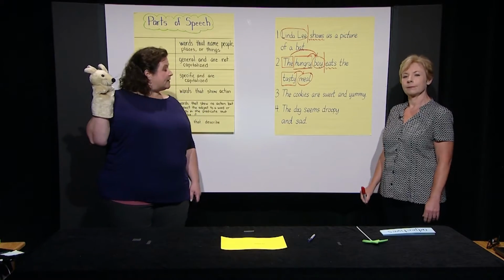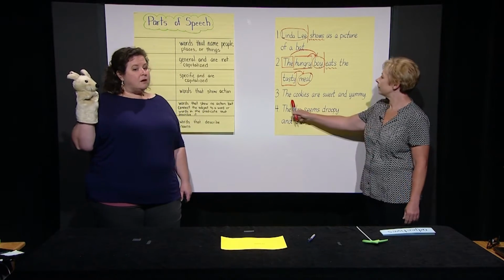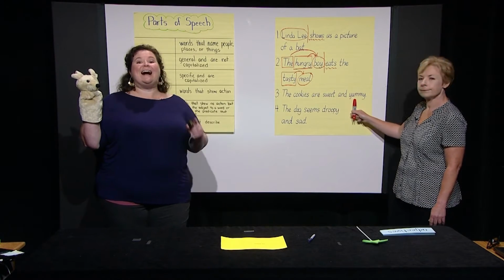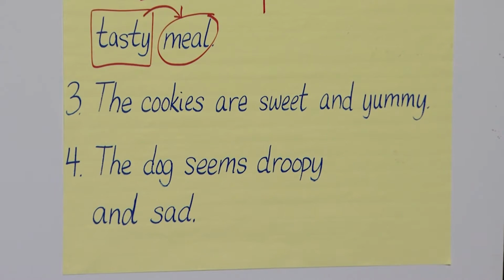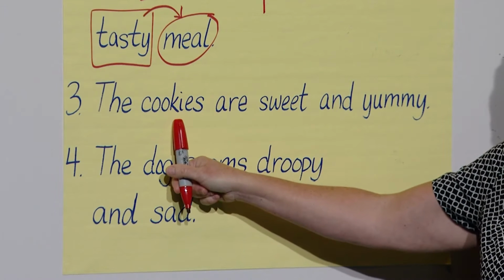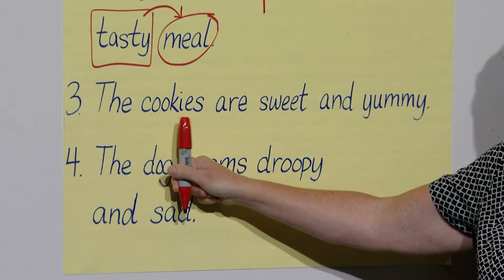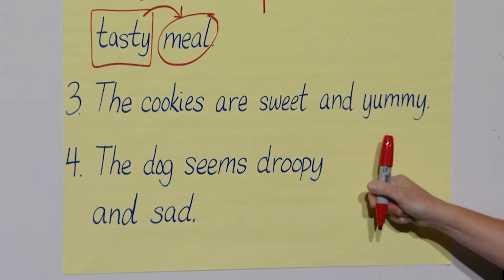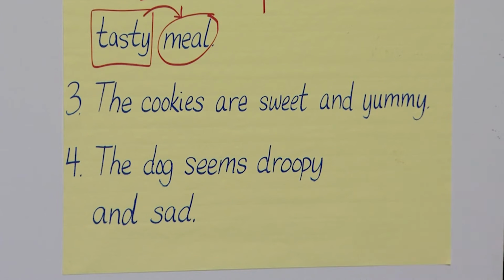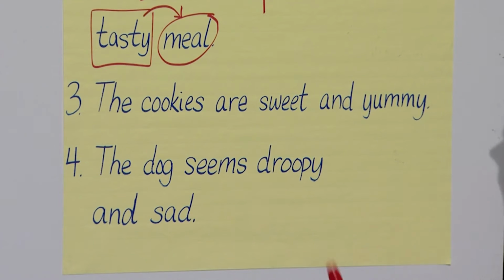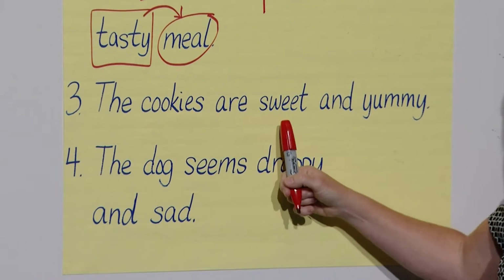So, let's look at the sentence. What's the subject, scholars? Aha! Cookies. Are there any words that describe cookies? Sweet, yummy. And that's the truth. Cookies are so sweet and yummy. Great job, Rattenborough. Is there a word that connects cookies to sweet and yummy?